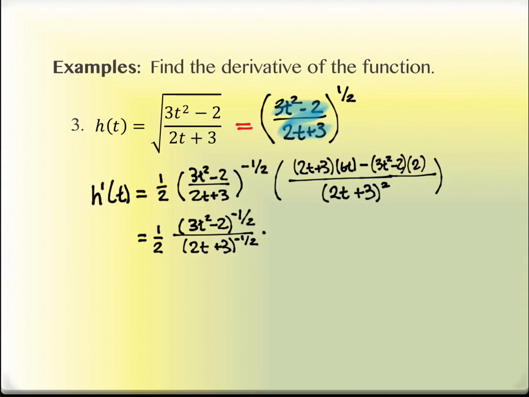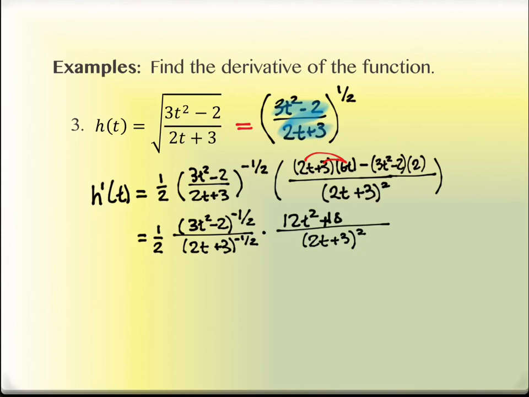And then at the same time, let's go ahead and clean up that numerator. So I have 2t plus 3 squared on bottom. We'll distribute through the 6t. What will that give us? 6t squared. Close, 12t squared. Yeah. And then what? 18t.